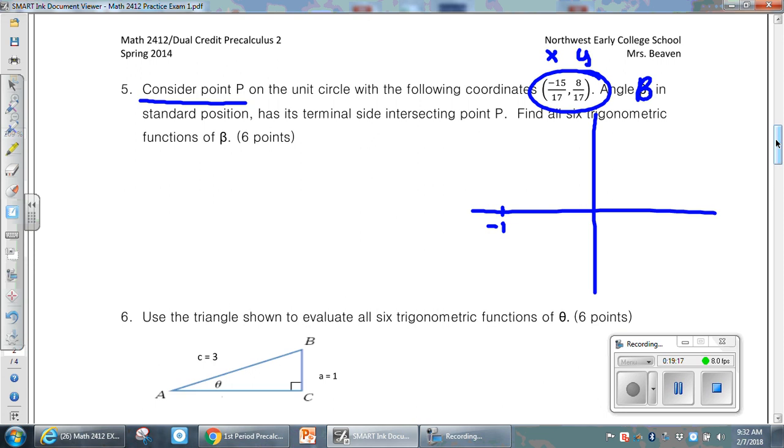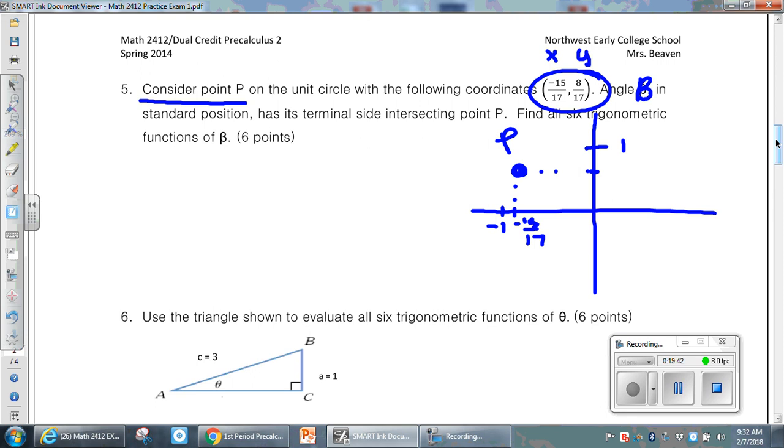So I'm just going to assume it's here. Then for my y value, that would be a little bit over half. So maybe here. So then my point is here. That's my point.